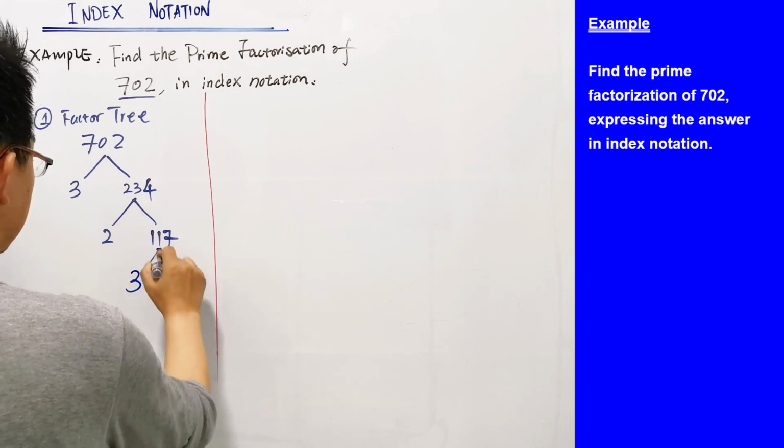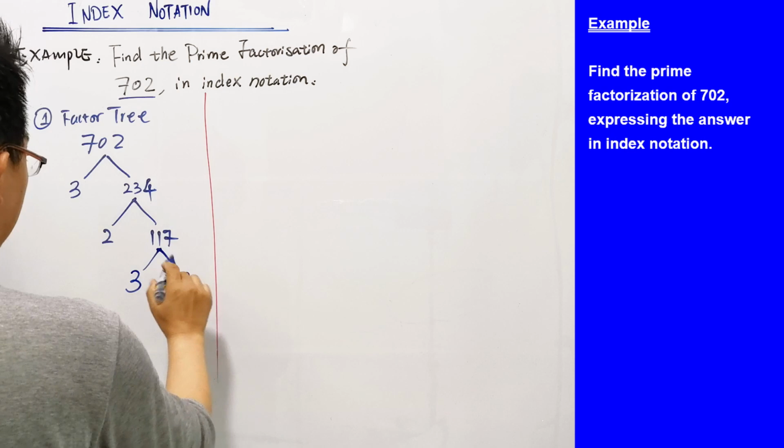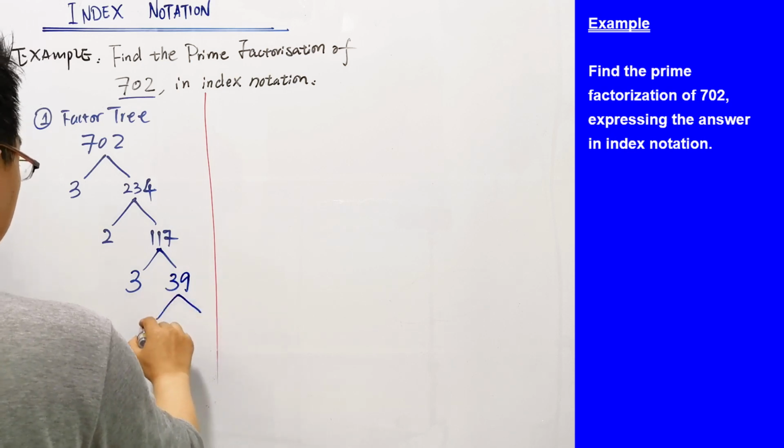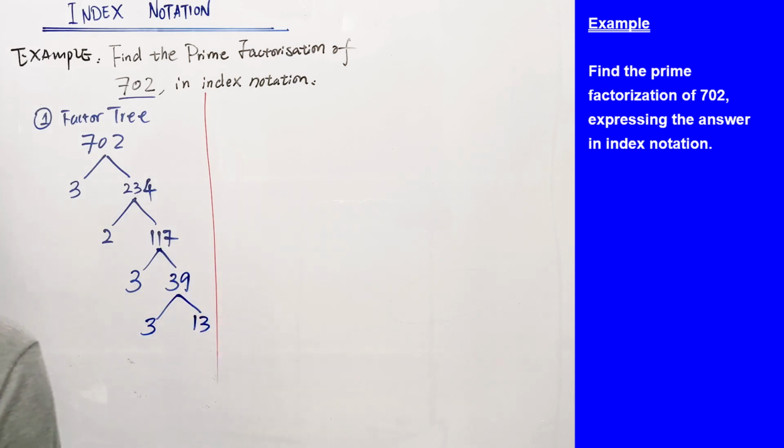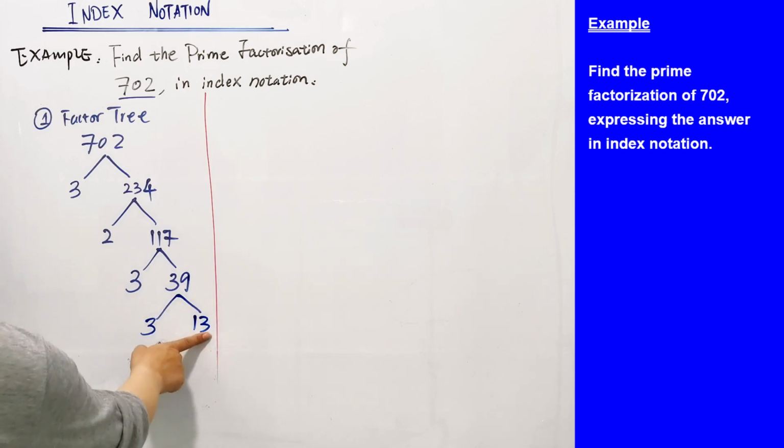We have a 3, 9. How about here? Can we continue? 3 and 13, right? Now we're able to continue breaking down this one.